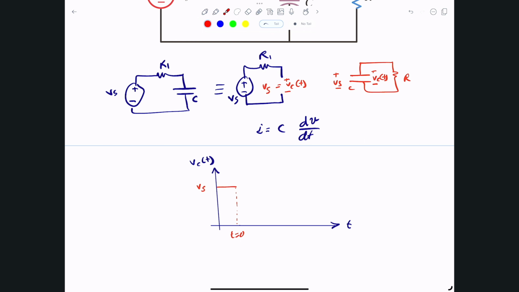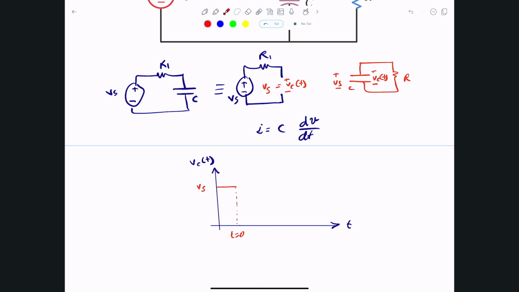This is the current across the capacitor, and if dt goes to 0, the whole thing goes to infinity. If you remember, we said this cannot happen. In other words, the voltage across this capacitor, the one we're drawing, cannot jump directly from 0 to some value, so it has to have some time delay in the drop.